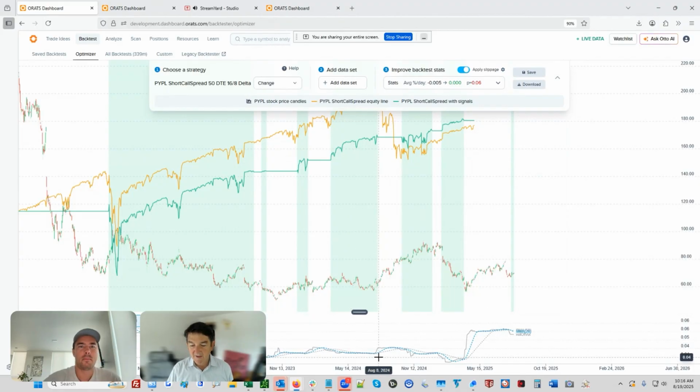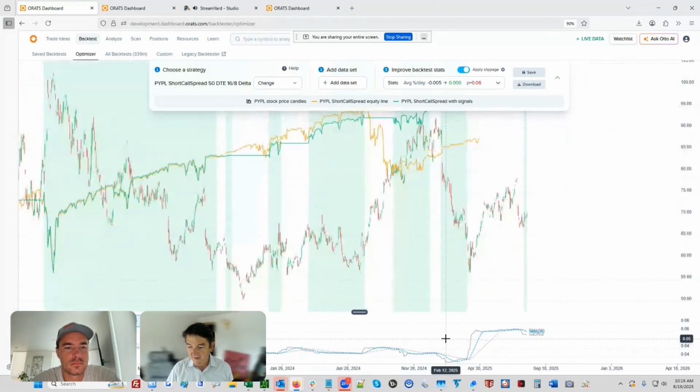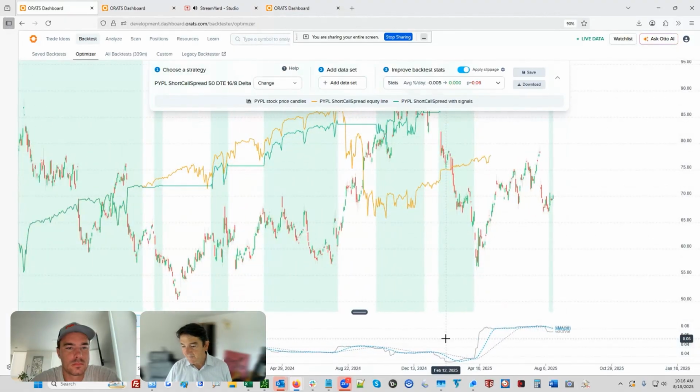You could tell that right over here it crossed over, so you could zoom in on it. For example, lately it's fallen, and that's when it wants to get in. It's below here, and that's when it wants to get in. That spike right there is interesting.